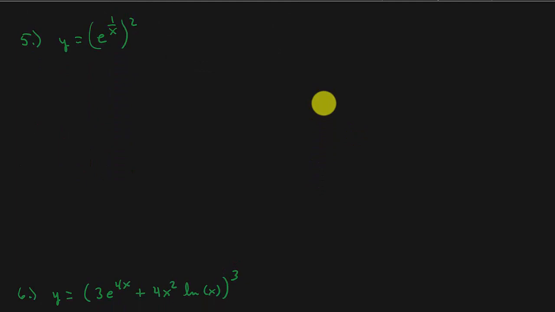We've got y equals e to the 1 over x, and then all of that is squared. So the first thing I'm going to do is write this as e to the 2 over x. So remember, when you have this, you multiply exponents. Remember your exponent properties, a to the m, all that raised to the n is a to the m times n.